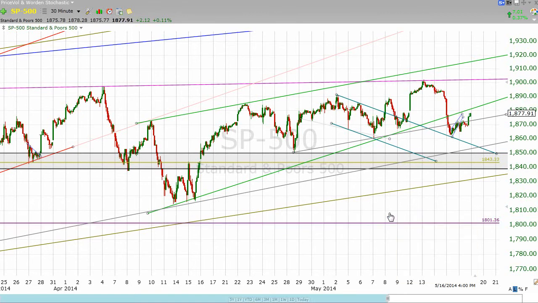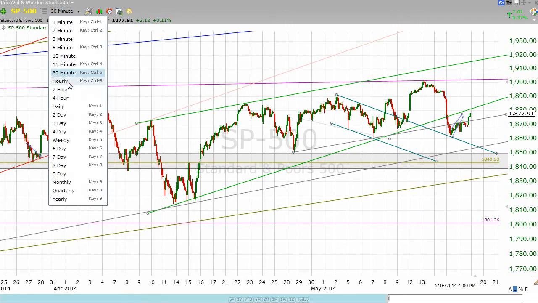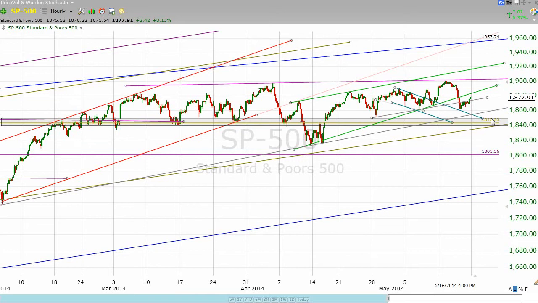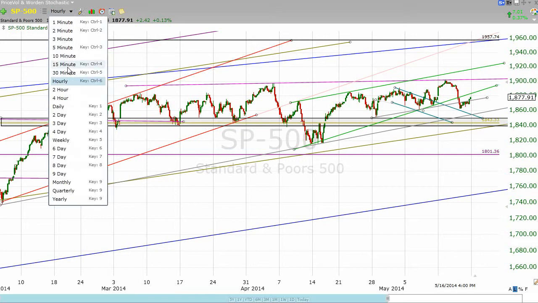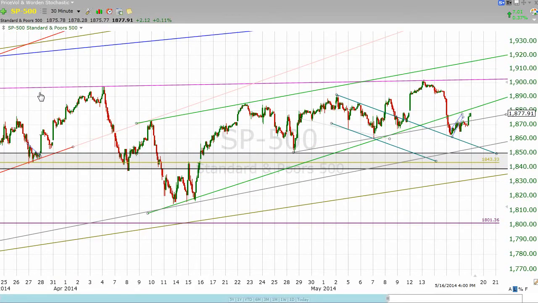Now here's the problem. Because we have so many turns and twists over the past 12 weeks, you can almost find one of these little short-term tops or short-term bottoms to make it say whatever you want it to say.